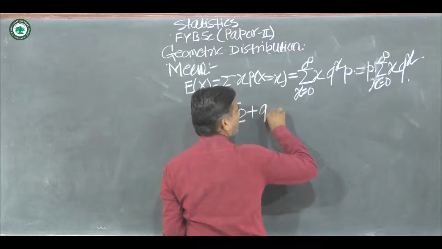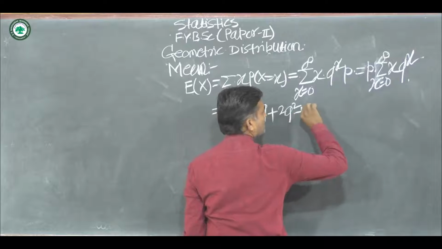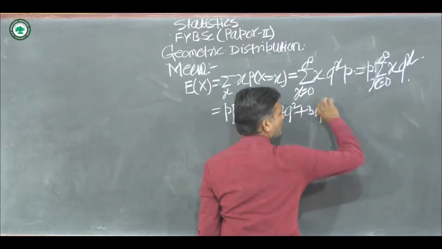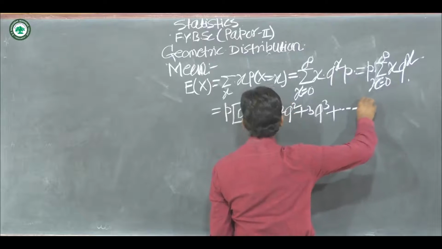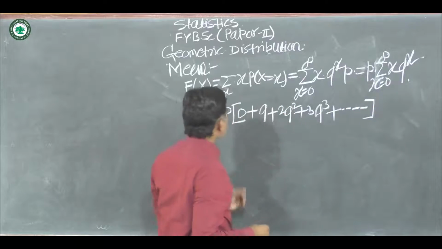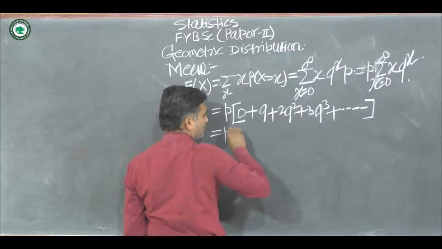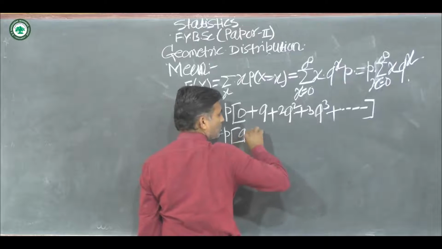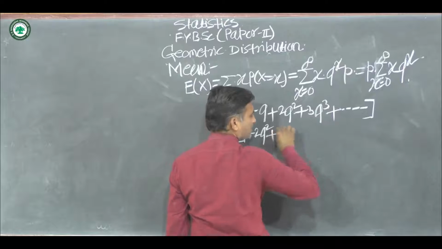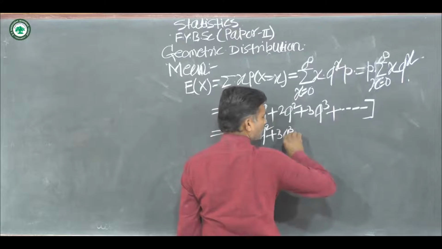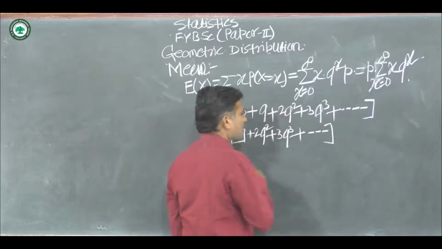Next one is 2 into q square plus 3 into q cube plus so on. Now this can be written as p into in bracket q plus 2 into q square plus 3 into q cube plus and so on, bracket complete.